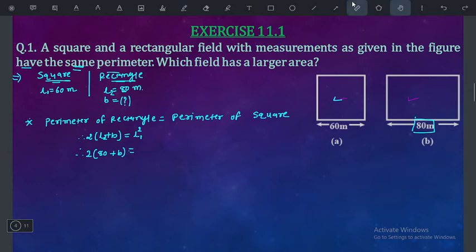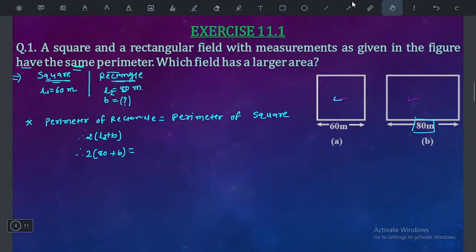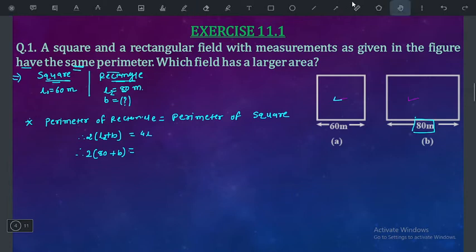My mistake, this is not L1 square, this would be 4L, because perimeter of square is 4 into L, L that means 60, here it is L1. So side of square equals to 60 meter. So 4 into 60 is 240, here it is 2 into (80 plus B).